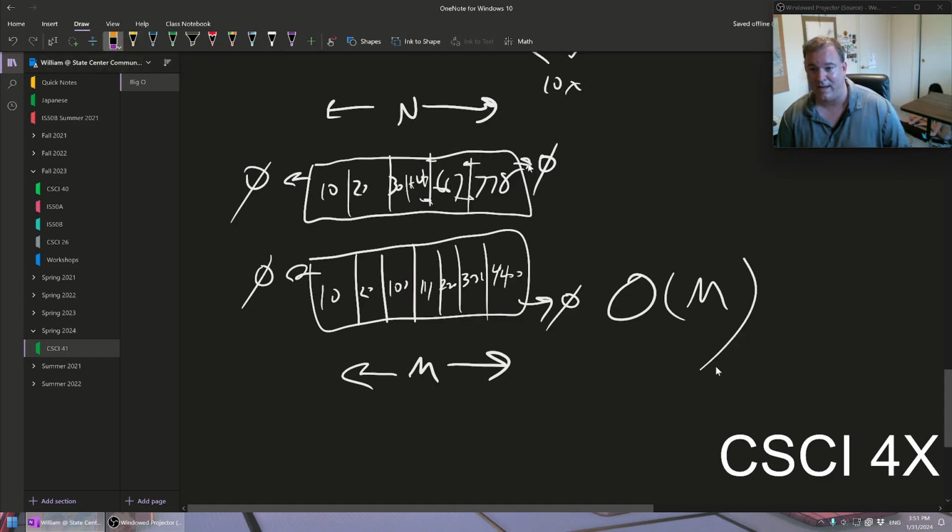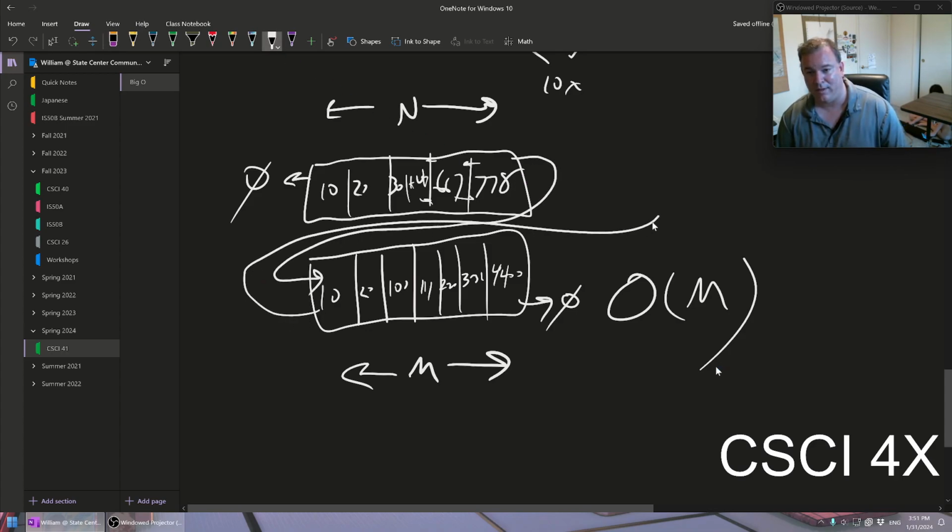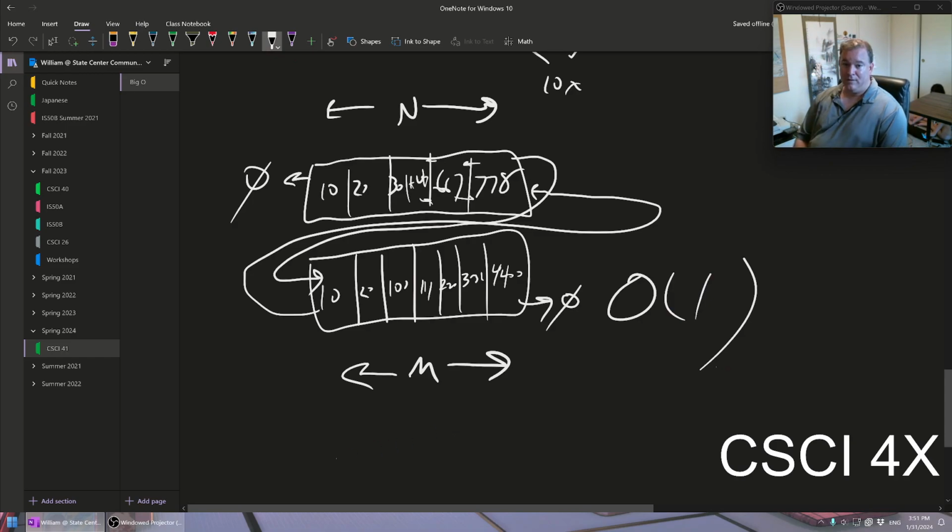You just get the last pointer here and the first pointer here, and you have this guy point at you, and this guy point at you, and now you can merge two different lists together in order one time. Cool. So if you're doing a lot of merges, maybe lists are the right data structure for you. A little preview for next week.